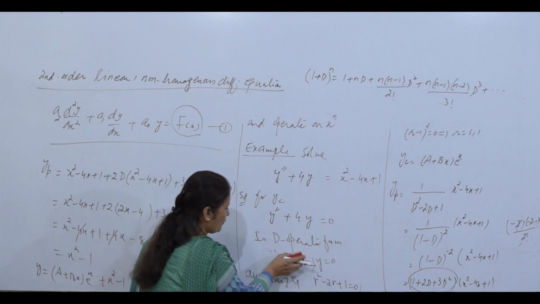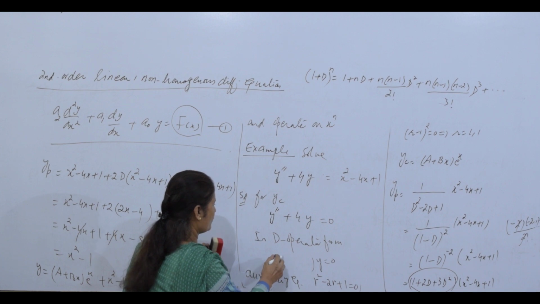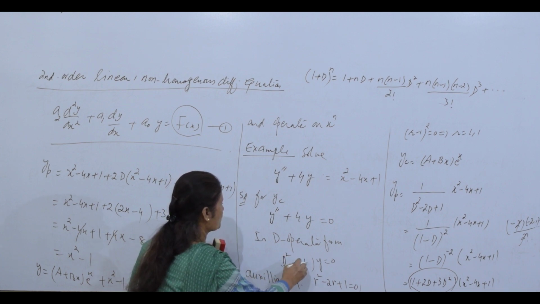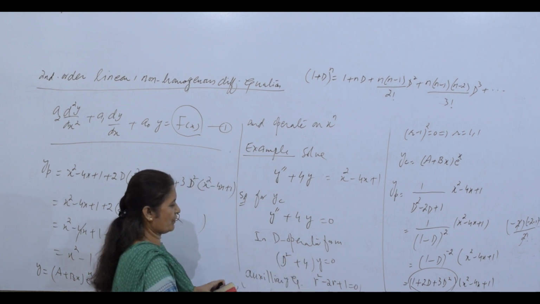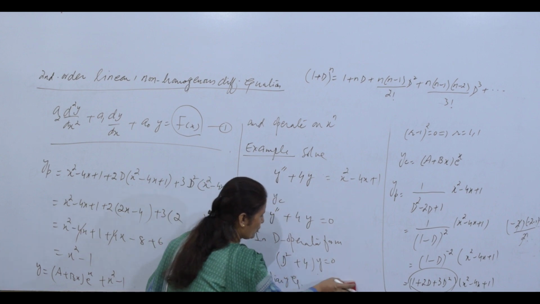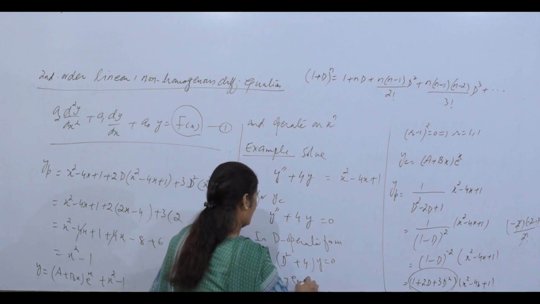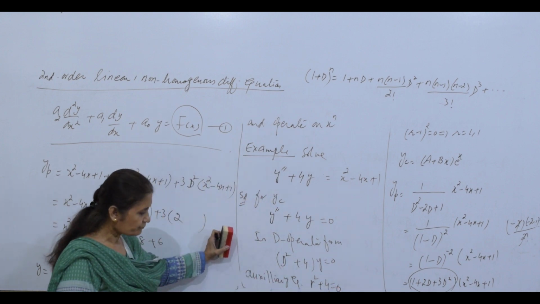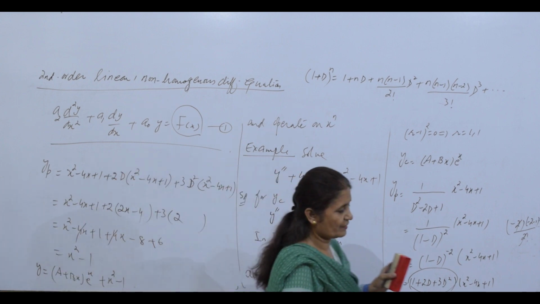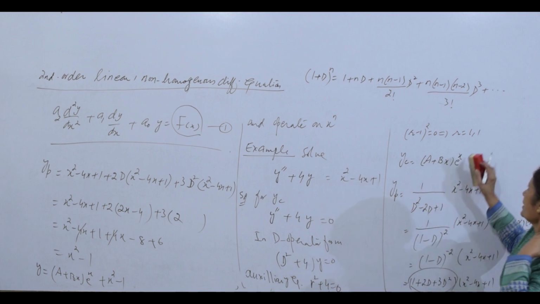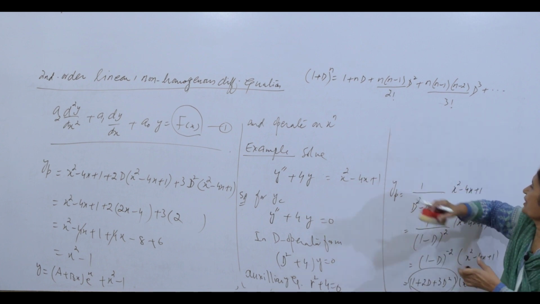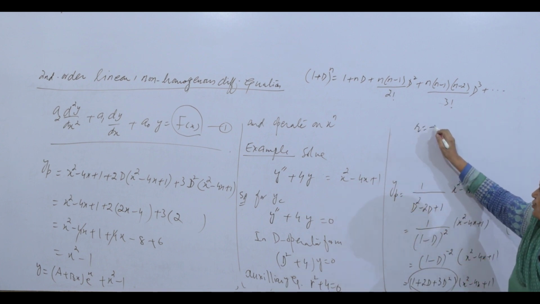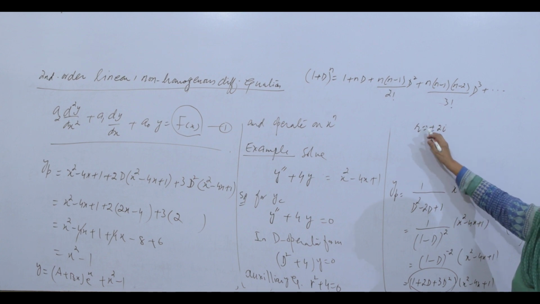D operator form. D square plus 4 operate on y equal to 0. The auxiliary equation is r square plus 4 equal to 0. The roots are r equal to plus minus 2 iota, here alpha is 0.